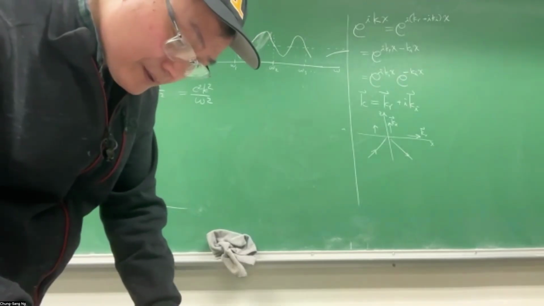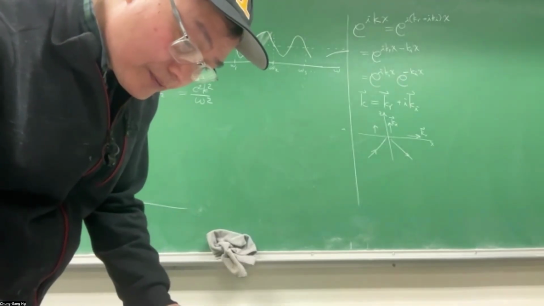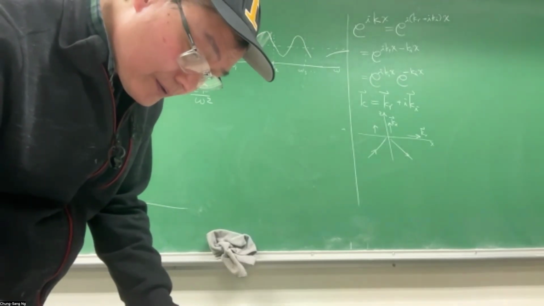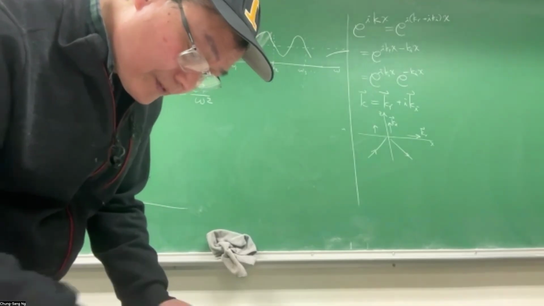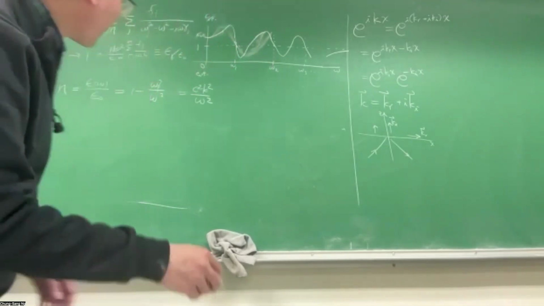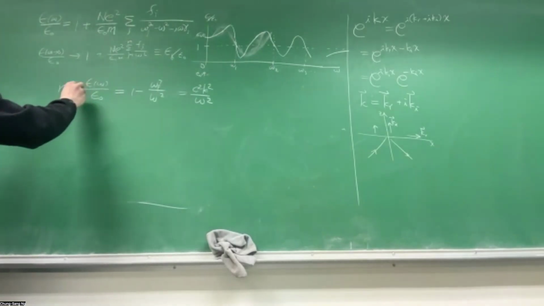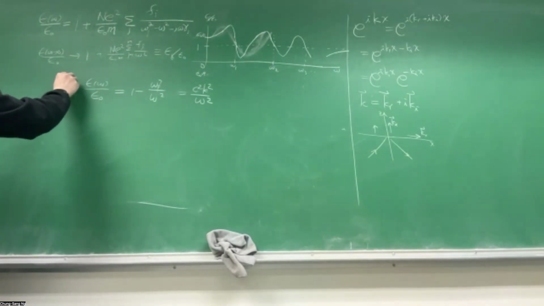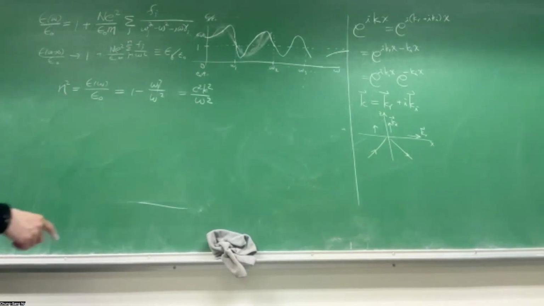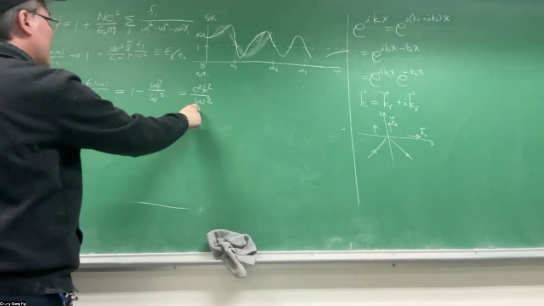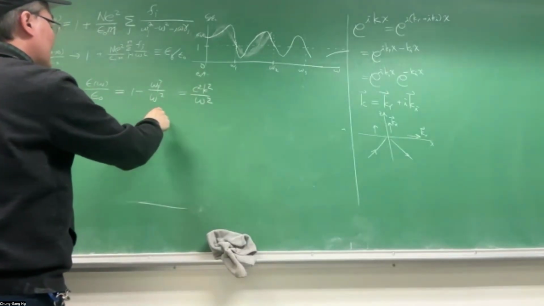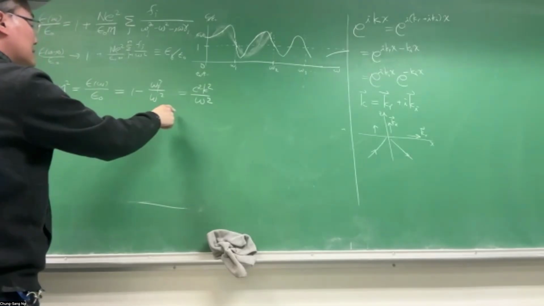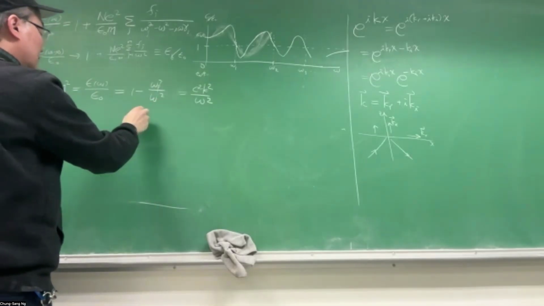We define the refractive index with just this, the ratio of the speeds. So this is n squared, right? That's the dispersion relation, and now you can solve for k.